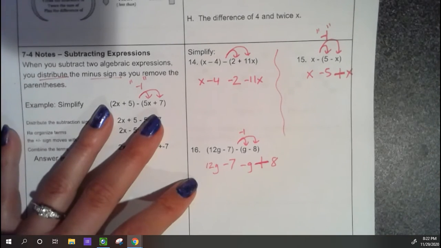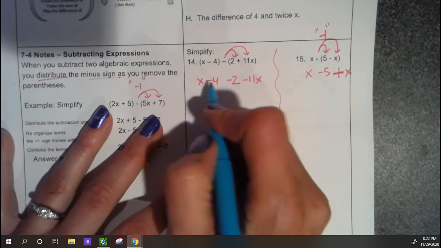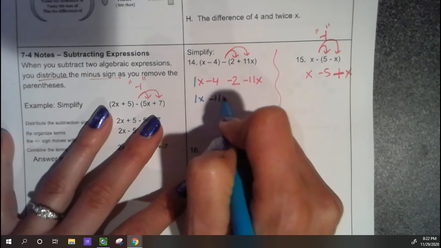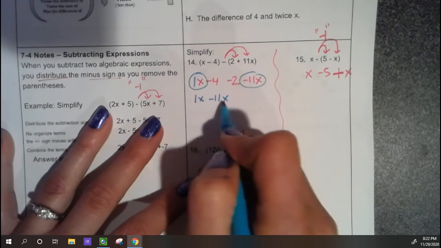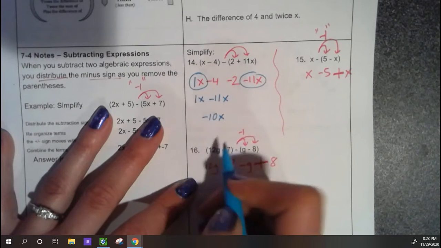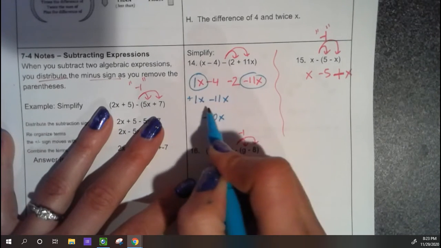Then after you've done that once or twice, they're going to make you go on and actually combine like terms. If you want to rearrange the terms, remember this means 1x, this means -11x. So I'm going to be adding together those. Some people like them next to each other. Some people are like, I could skip that step. And this gives me -10 because I have a positive and a negative, I subtract.